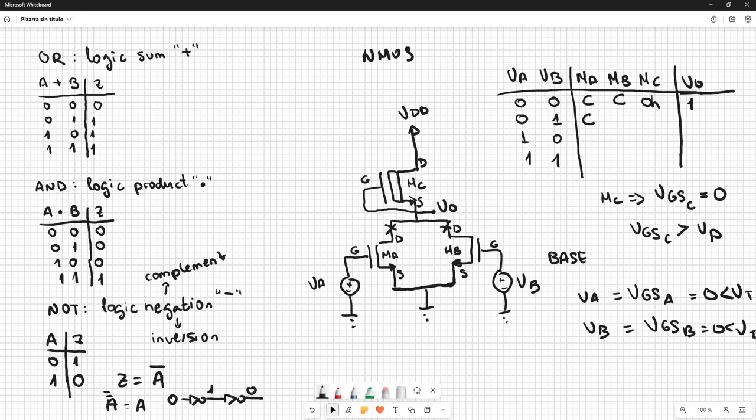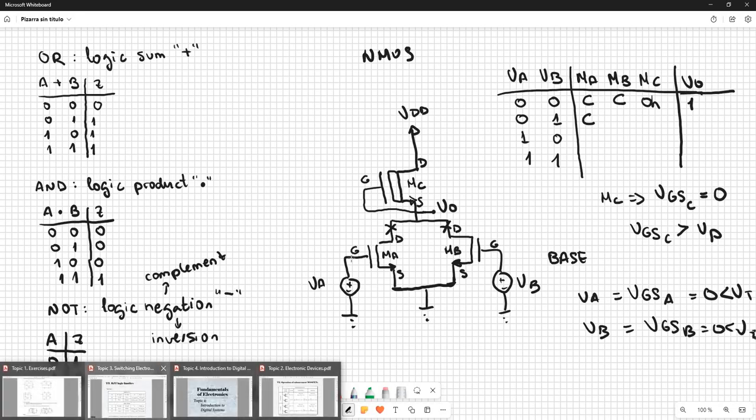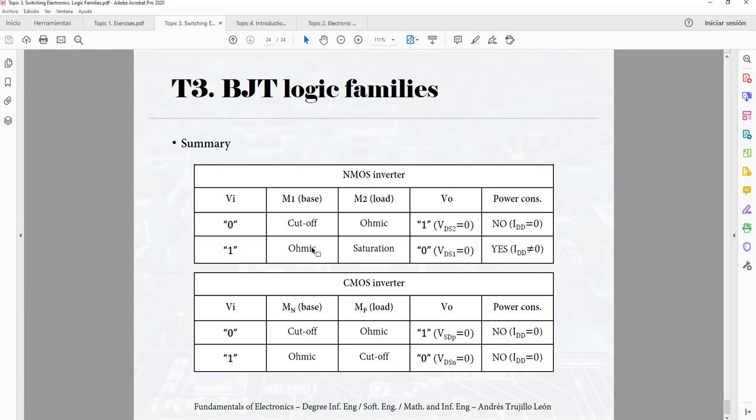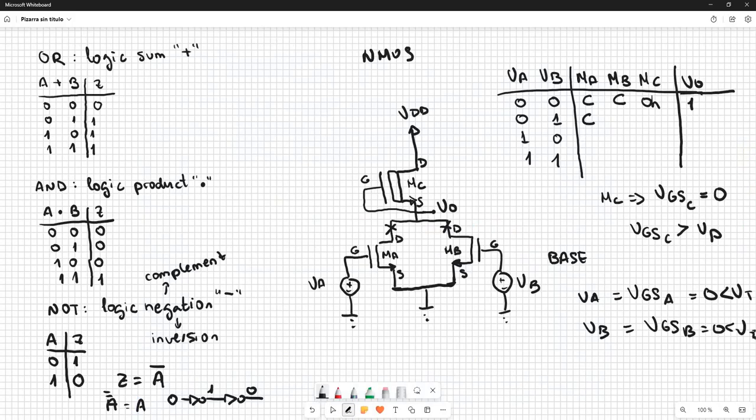So if we remember, if this transistor is in ohmic, the load is going to be in saturation. So this is in ohmic, and this one is in saturation. In this case, both transistors are conducting. So we cannot use the graphical method, but we have to know the following.